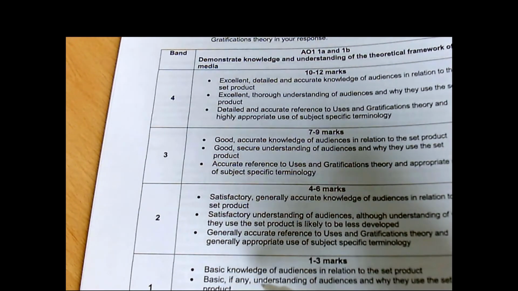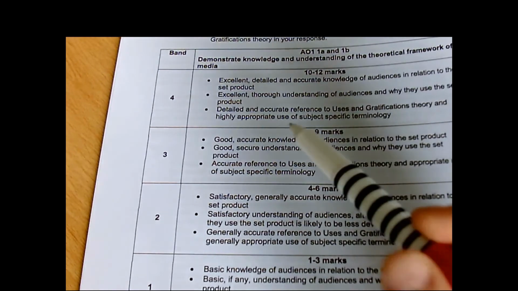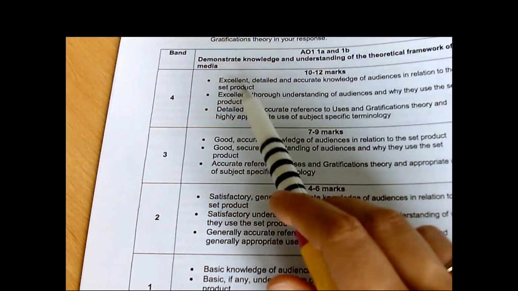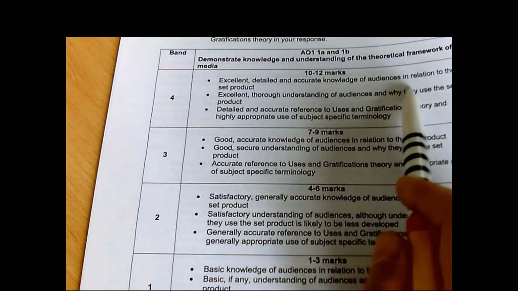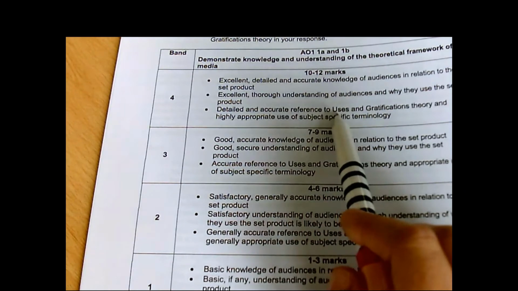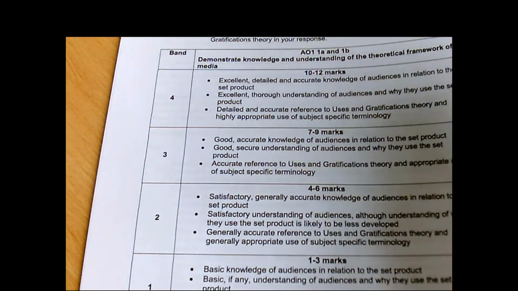We're then looking at how you understand our audiences and why they use products, particularly the Archers, and then reference to uses and gratifications theory and terminology. So you have to mention audiences of the Archers, why they use the Archers, and how that links to uses and gratifications, mentioning that terminology.